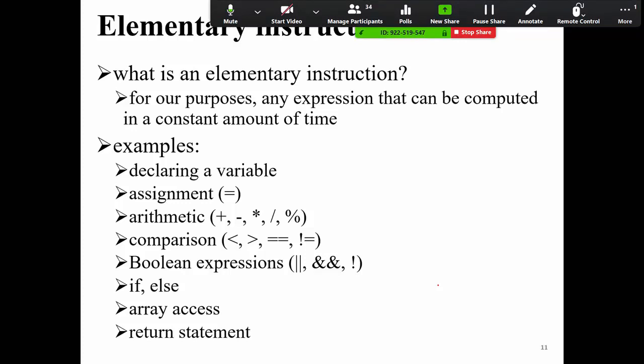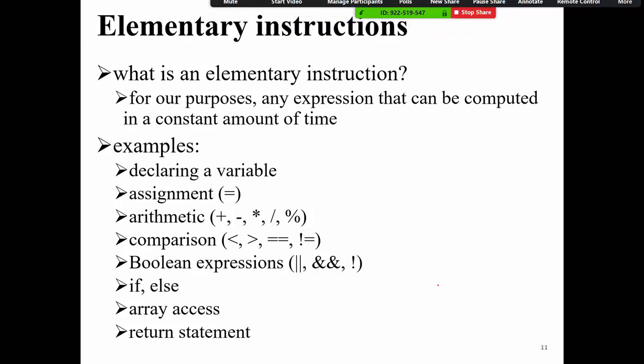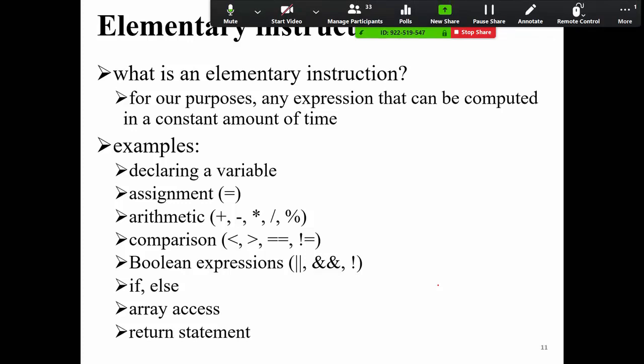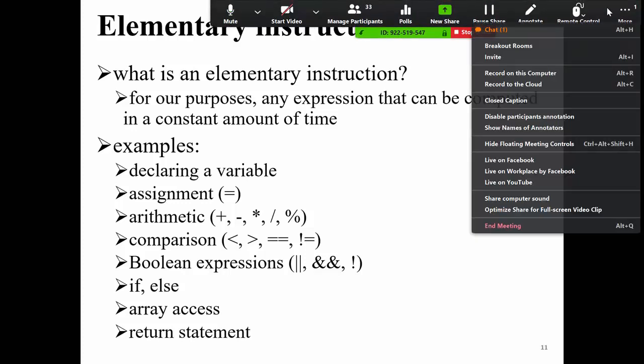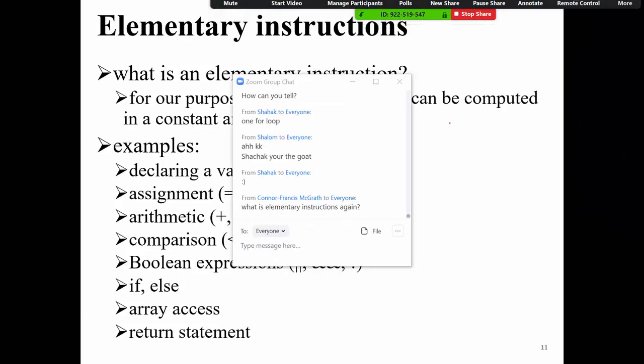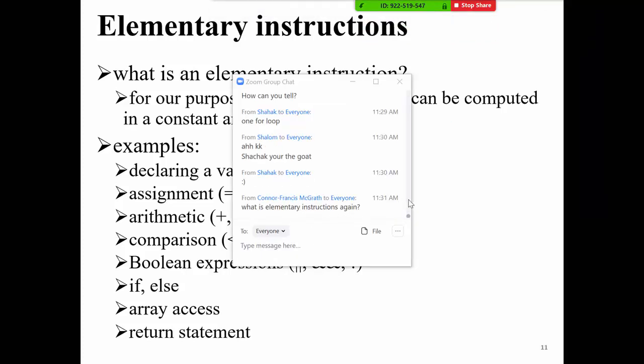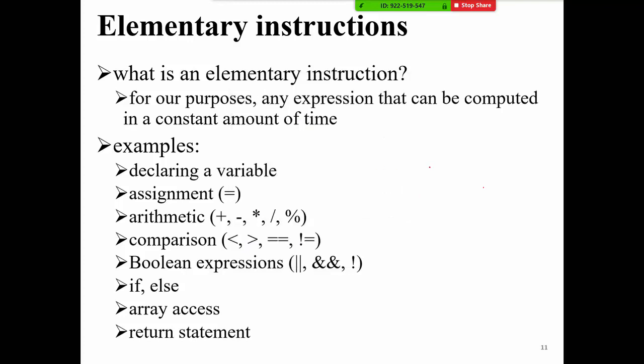Array access. When I want to access element i, this is one elementary instruction. It's called a read. You're going to read from memory. Now, if you want to write to the array, this is another elementary instruction, which is a write to the element. And a return statement is another elementary instruction. An elementary instruction is a basic step inside the line of code.